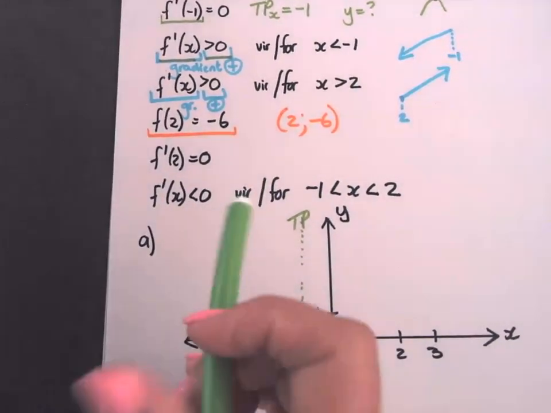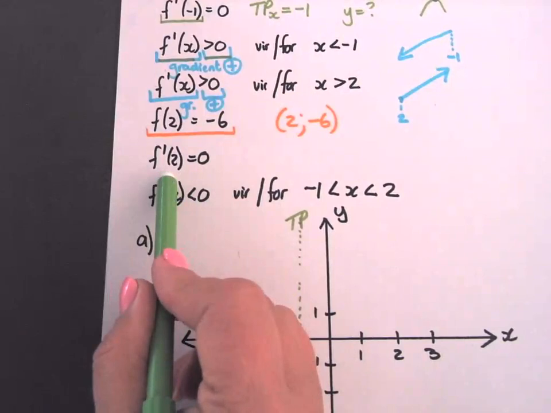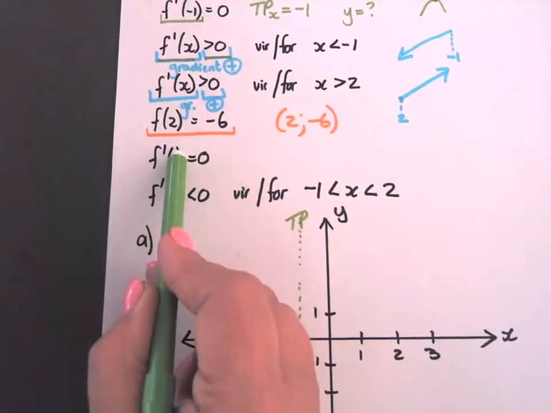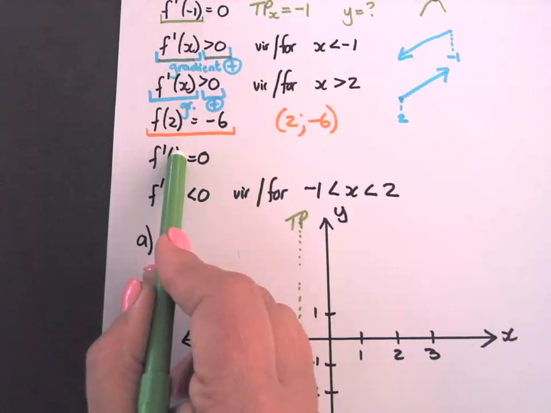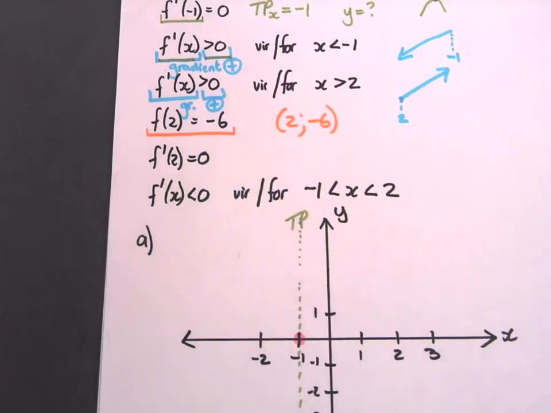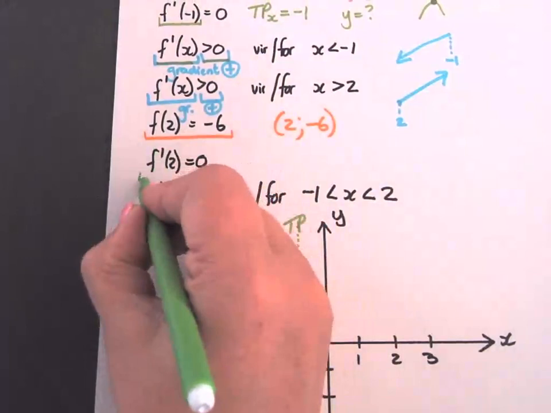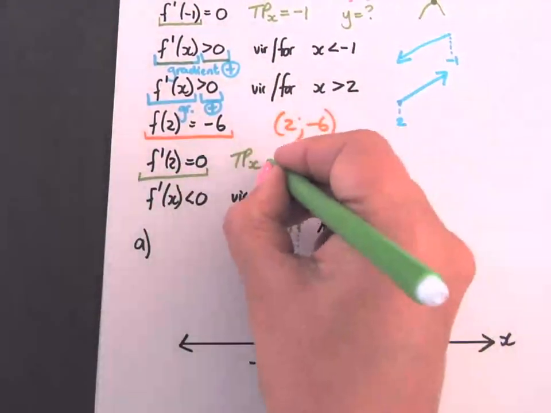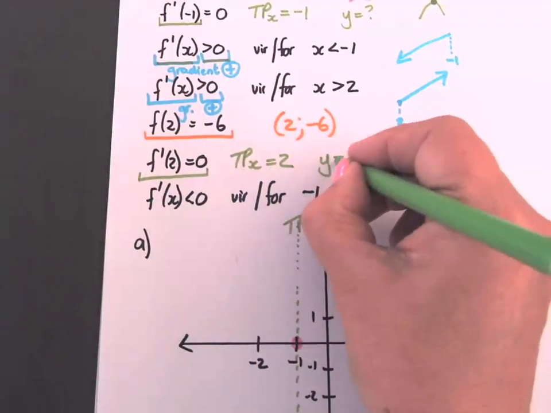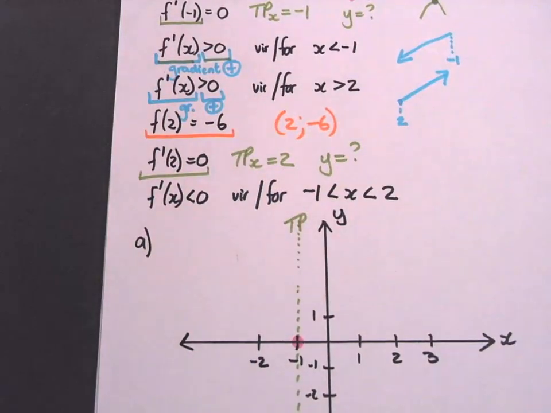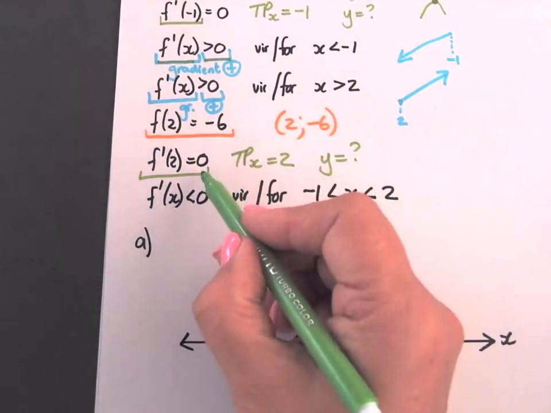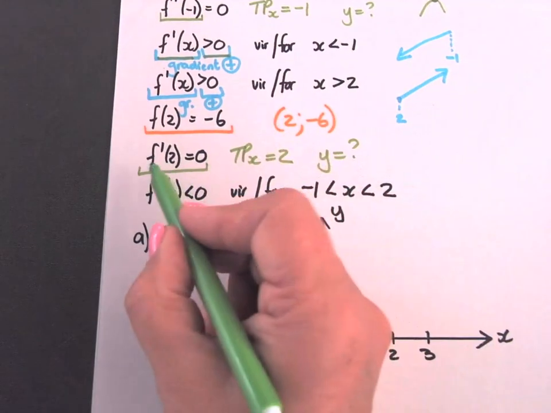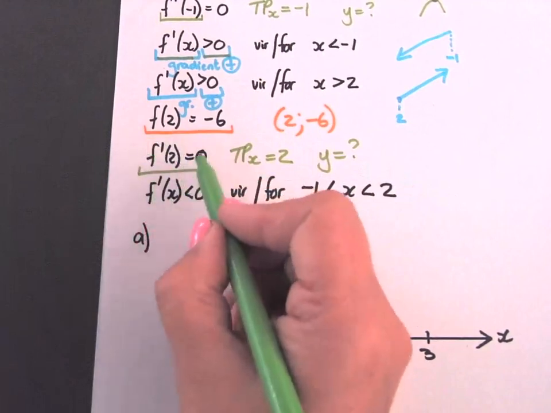Then we have the first derivative at 2 is 0. What does that mean? Another turning point. Can I get 2 turning points? Yes. Right. So there's another turning point, and I have the x value as 2. Do I have a y value? No. Why can't I say 0? Because this represents gradient equals 0.